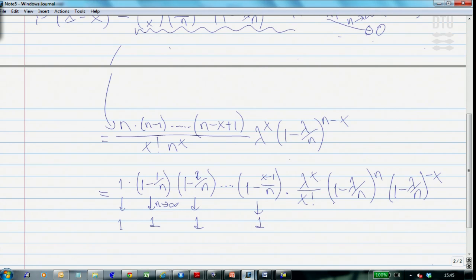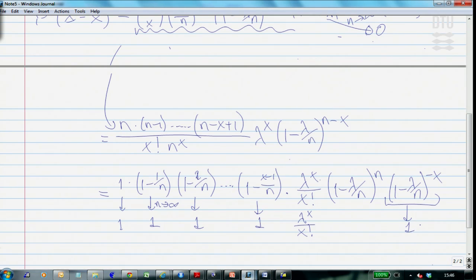All of them go to 1. This one is not having an n, so we just repeat what is there. This term, look at n, again tends to 0 when n goes to infinity, so that's an easy part. 1 minus 0 is 1, and 1 to the power of anything is 1, so this goes to 1.